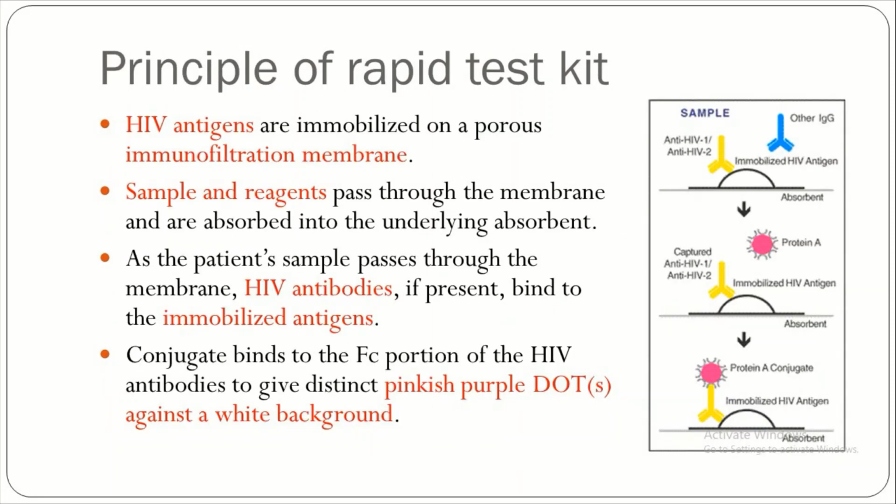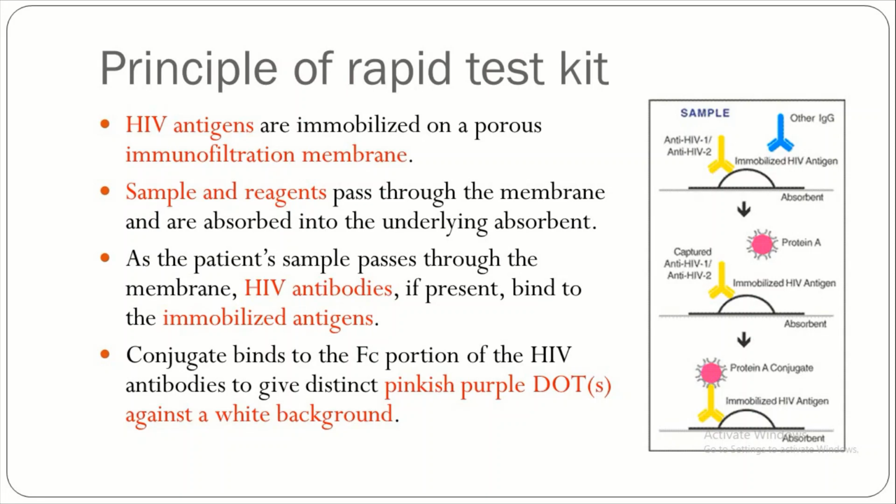The principle behind this kit is that HIV antigens are immobilized in a porous immunofiltration membrane. It's similar to the pregnancy test kit. A sample and reagent pass through the membrane and are absorbed into the underlying absorbent. As the patient sample passes through the membrane, HIV antibodies, if present, bind to the immobilized antigens.